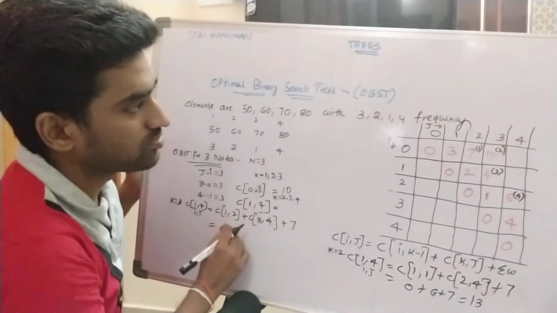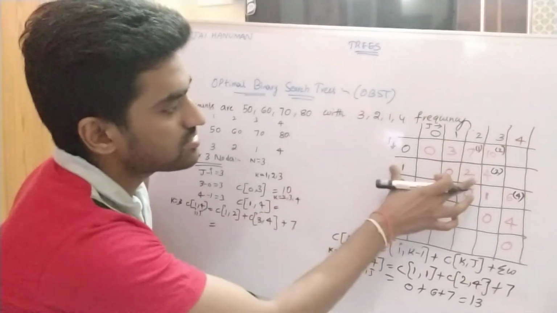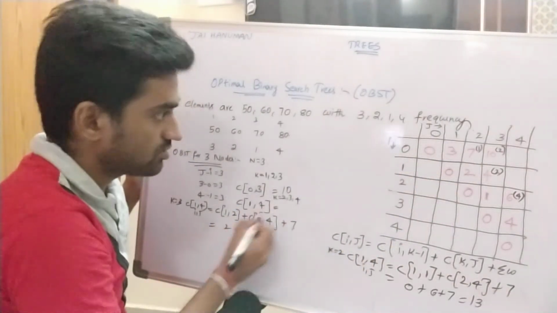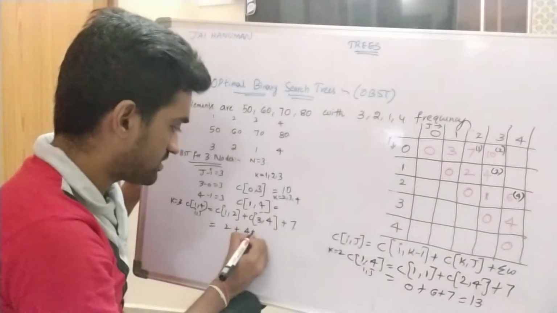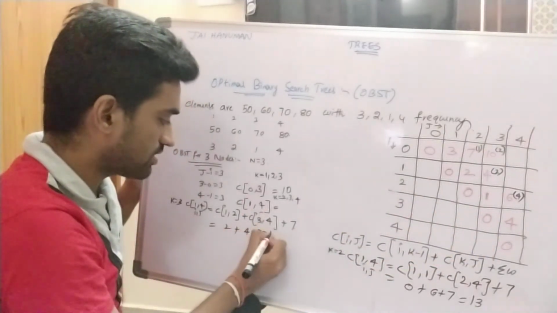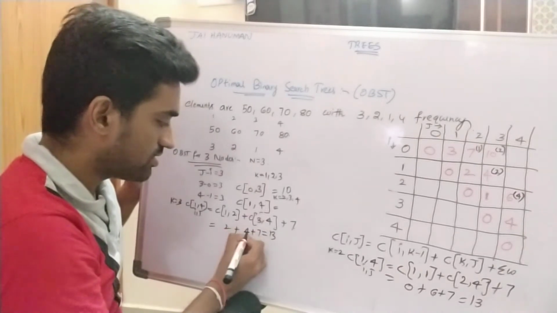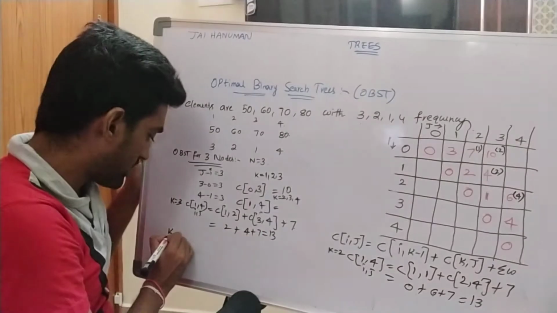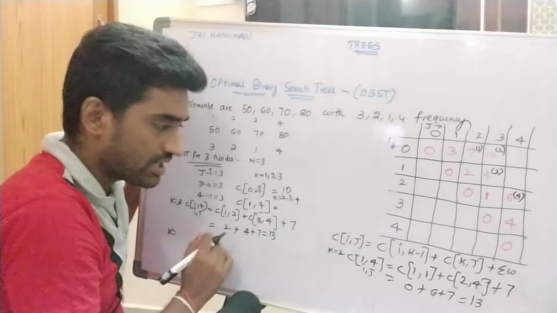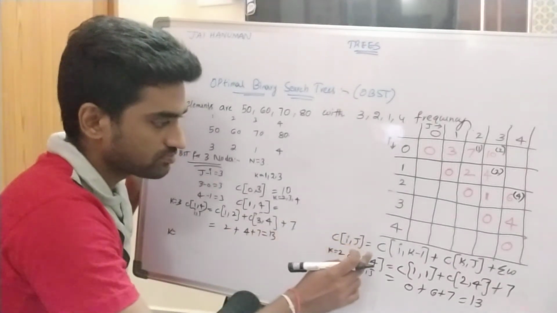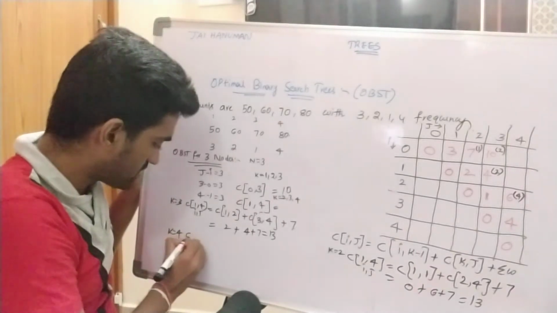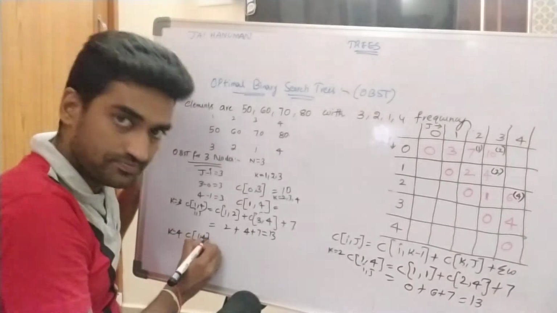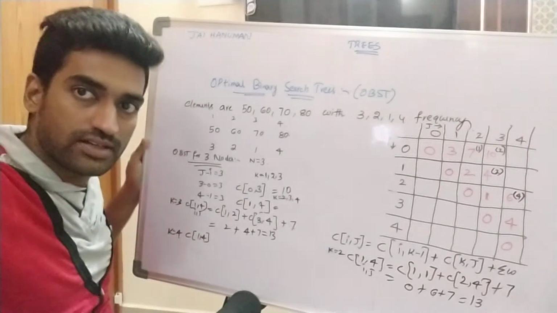So 1 comma 2 is 2, 3 comma 4 is 4, plus 7, which is equivalent to 13, right? So when k is equal to 3 is completed, 2 completed.